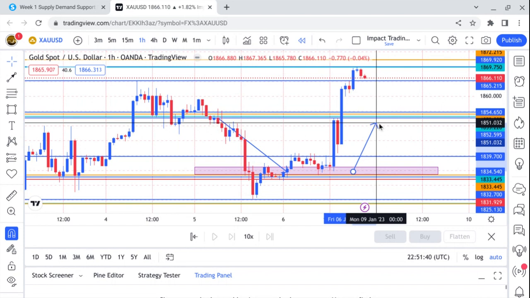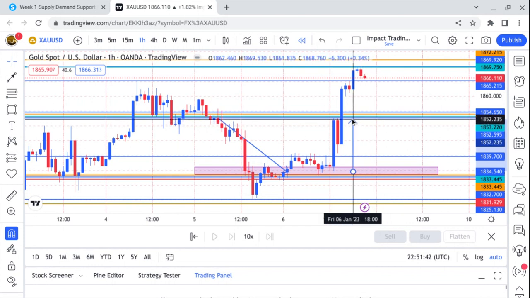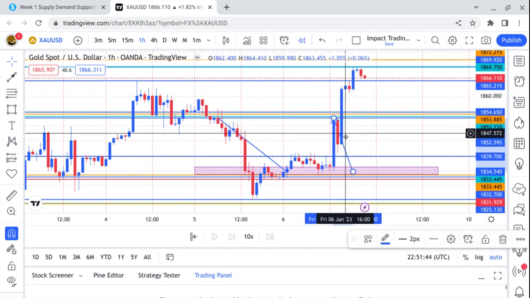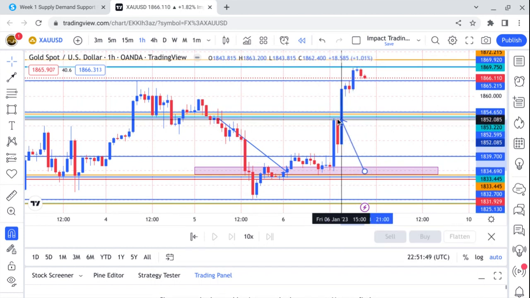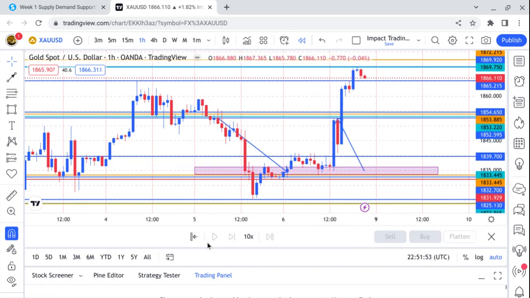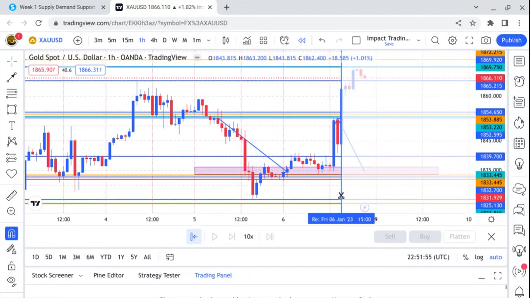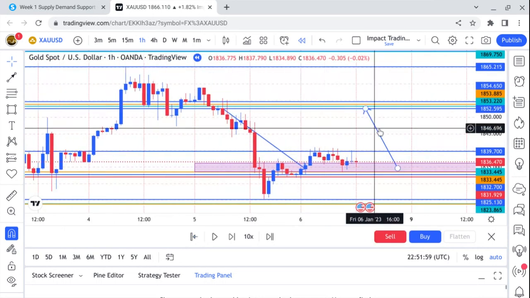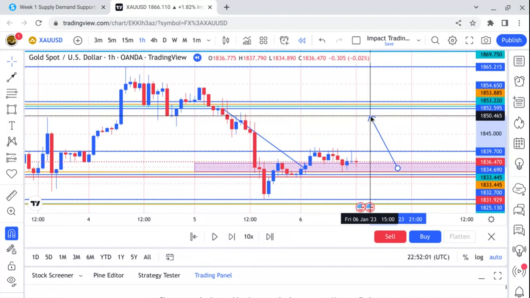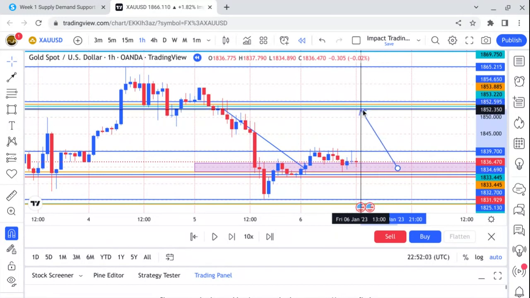Now, if you're trading the New York session and you wanted to place a trade here, when price got here, what did we already draw before the session began? Before this session began, we were looking to see what price was going to do in this area here.